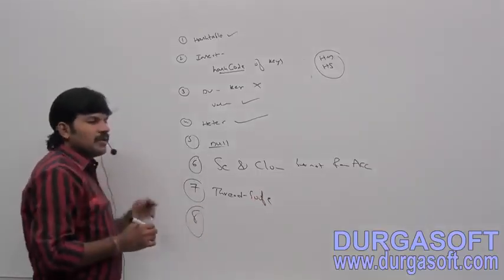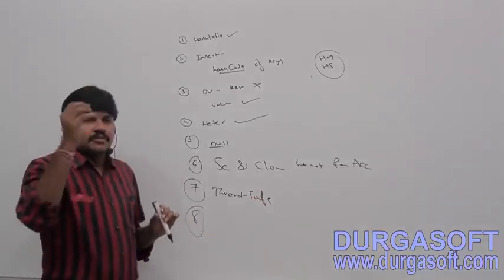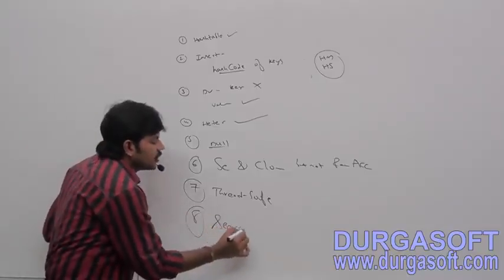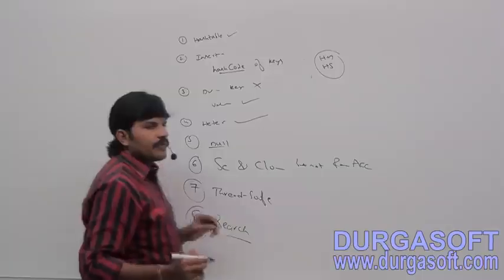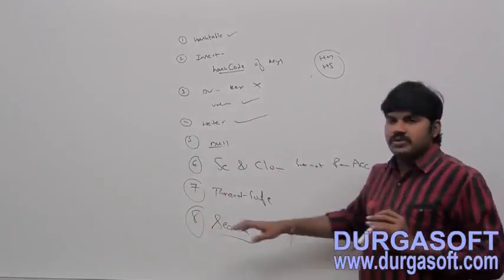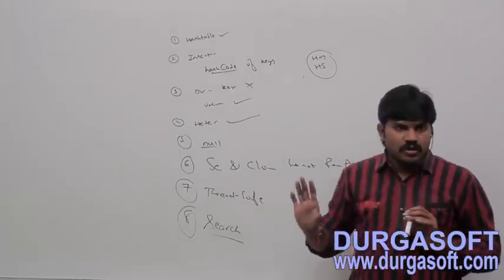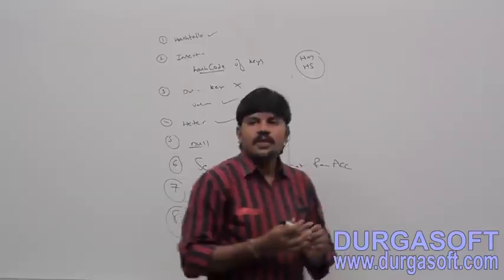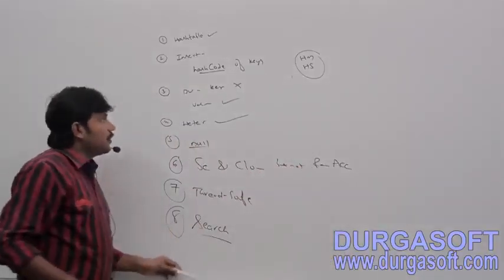Next, hash table is the best choice if our frequent operation is search operation. I hope up to this there is no doubt at all. Normal terminology only.